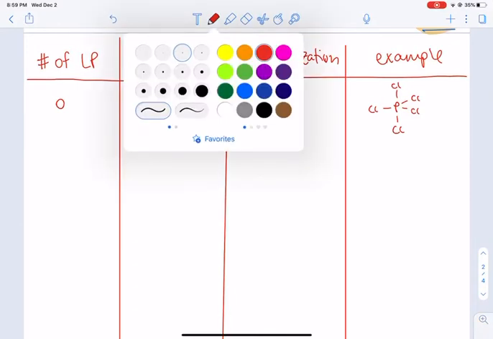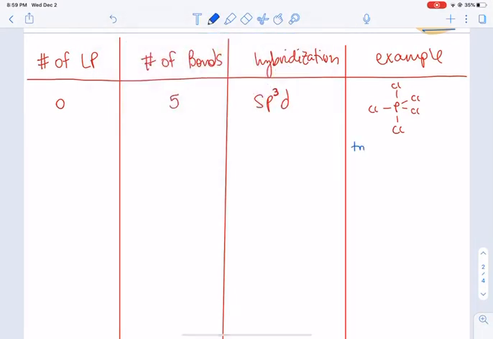The molecular geometry for this one is trigonal bipyramidal. And there are two bond angles you need to understand. So let's draw this out. We have P, Cl, Cl, Cl. And then we have a Cl up here and a Cl down here.